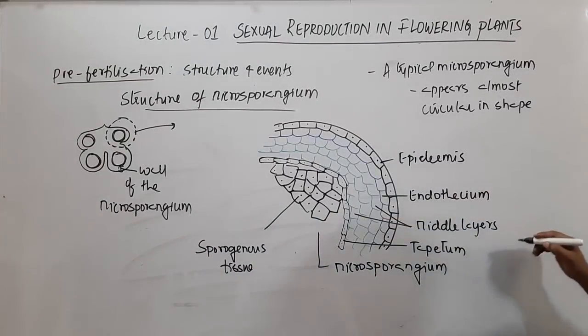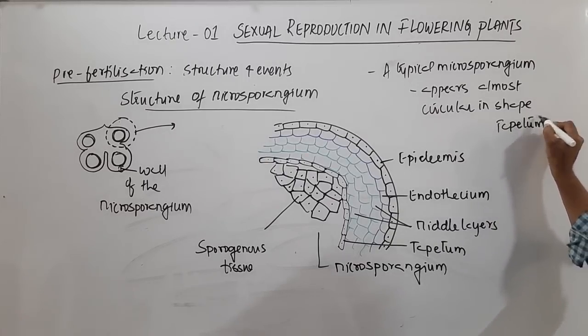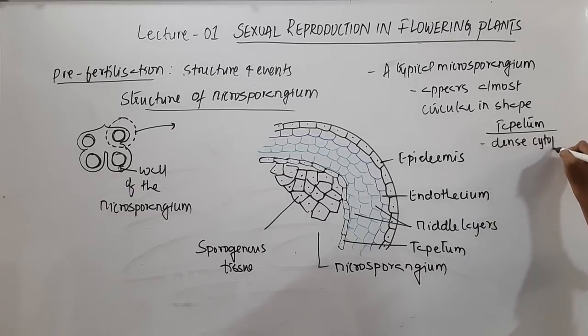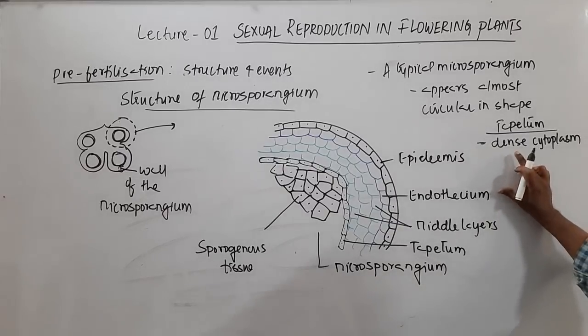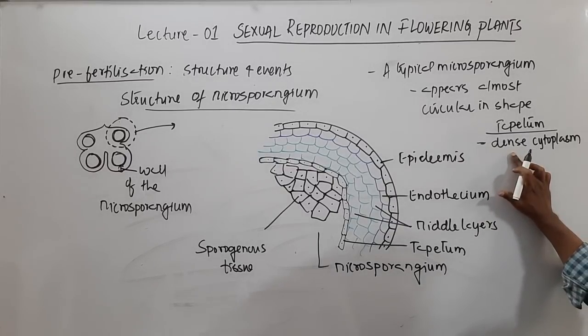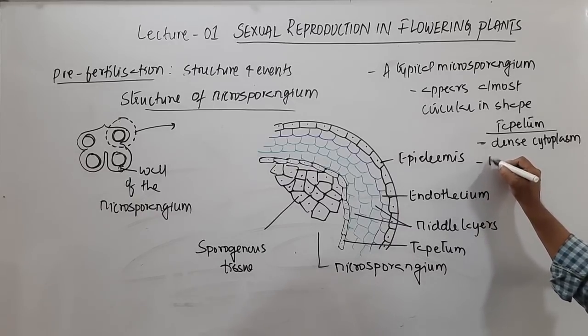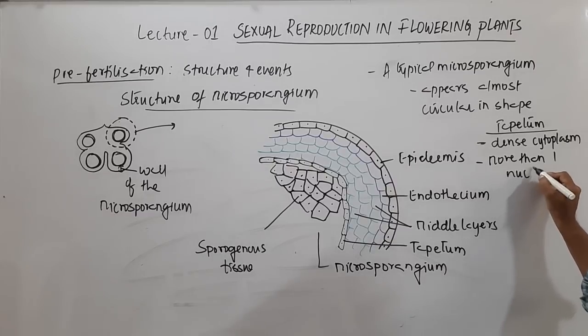Now one more point about the tapetum. The tapetum has dense cytoplasm, which means its cytoplasm is thick due to the presence of various substances including nutrients. It also has more than one nucleus.